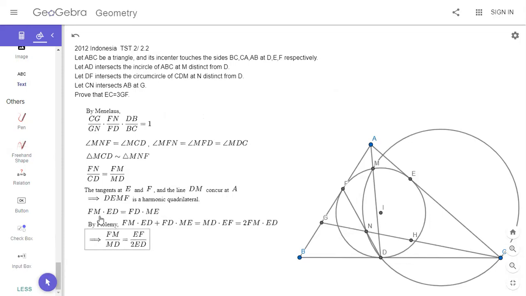So we have FN over CD is equal to EF over 2ED. So we could use that fact.